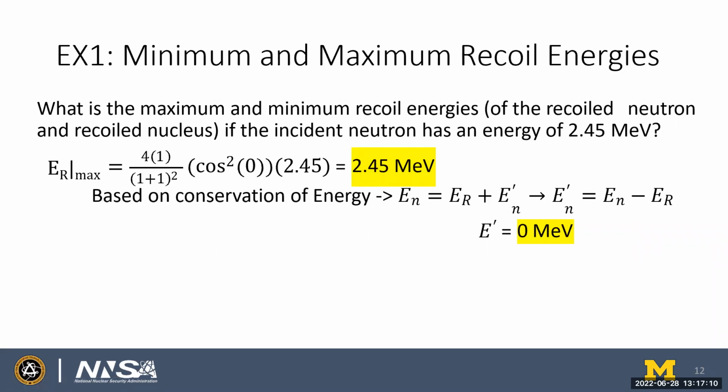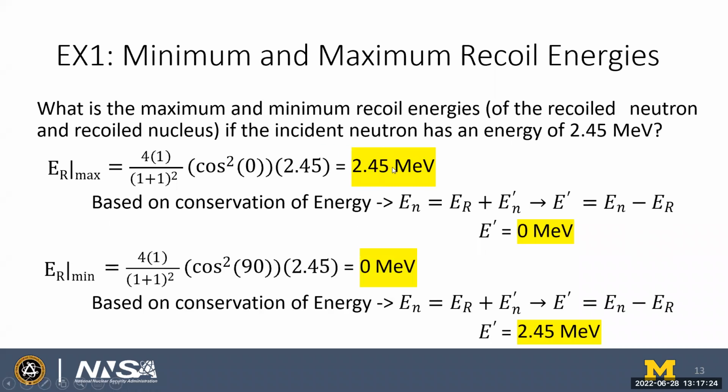Sorry, I misspoke there. Theta 0, you're correct, is the recoil maximum energy, and the minimum is the theta 90. But based on conservation of energy, the recoil nucleus can either be the maximum at 0 of 2.45 MeV, or the minimum at 90 of 0 MeV.